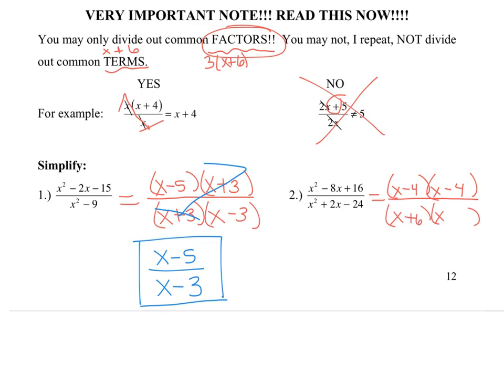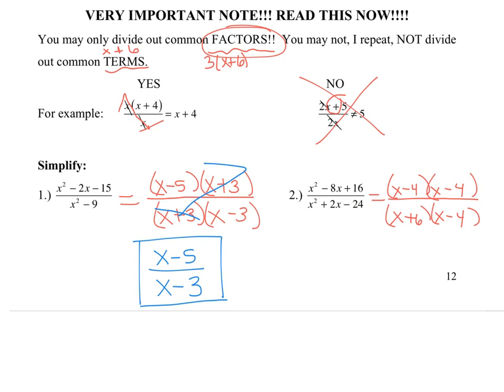We want positive 6 and negative 4. So that x times x gives us the x squared. The outsides gives you negative 4x. The insides, positive 6x, and 6x take away 4x gives you the 2x. 6 times negative 4 gives you the negative 24.